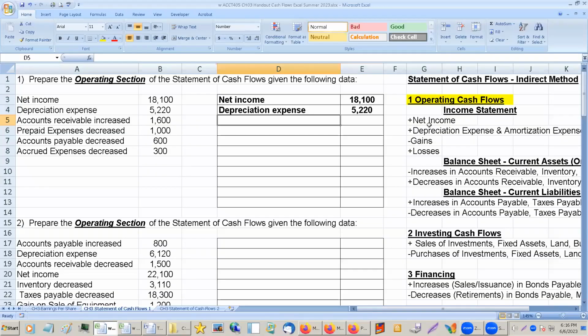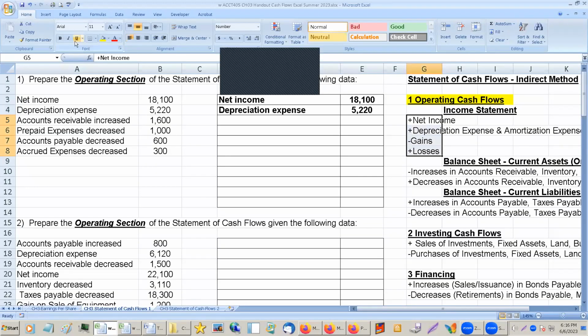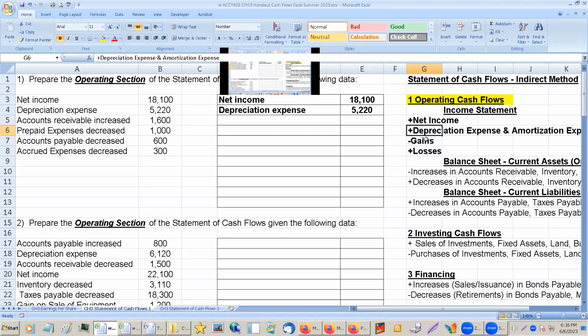If you look over here, you notice depreciation, it's added back in. All right, so we're going to add that back in.